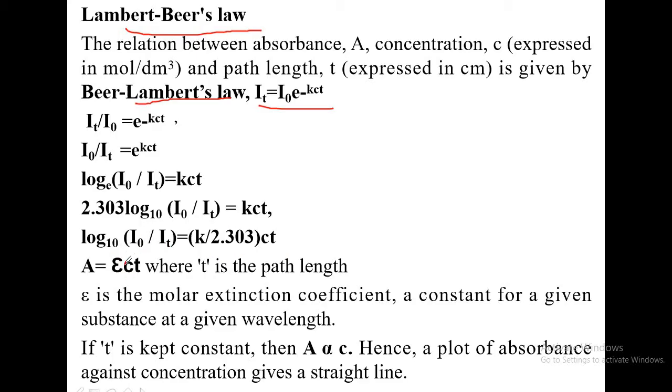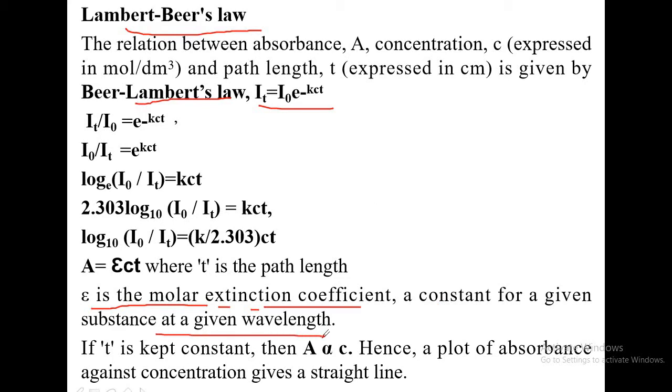Log of I naught by IT is nothing but A, which you have already studied. So A equals epsilon ct, where t is the path length and epsilon is the molar extinction coefficient. It is a constant for a given substance at a given wavelength.